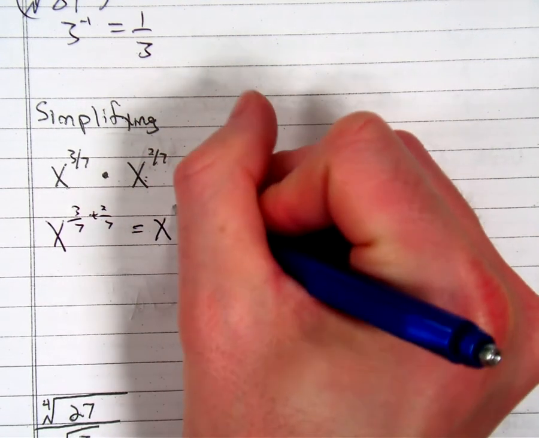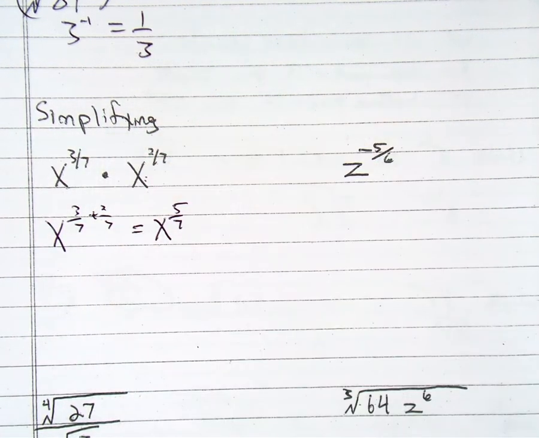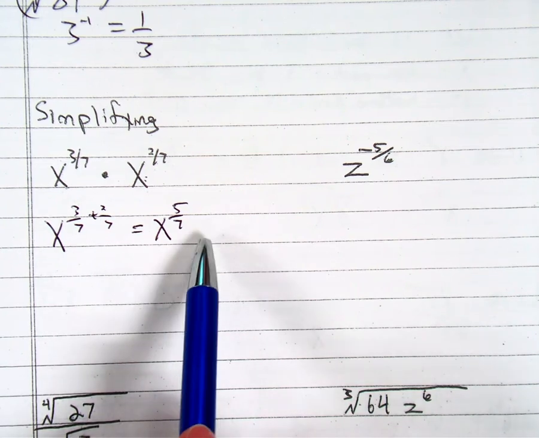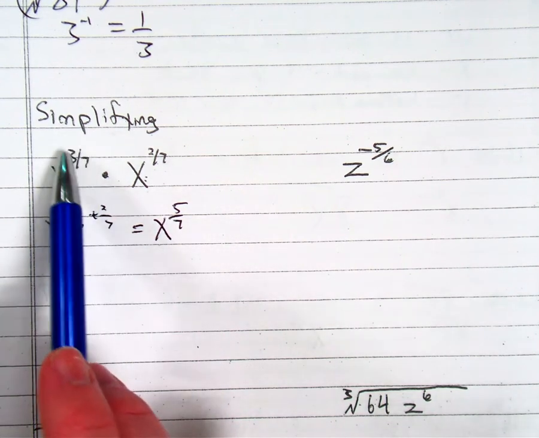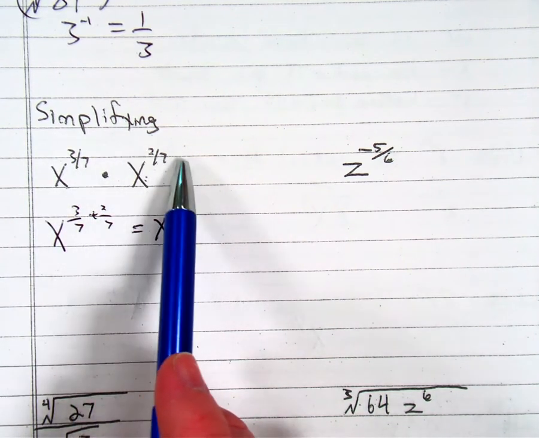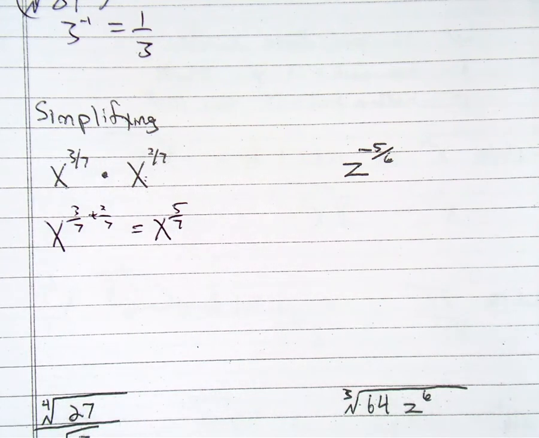And we'll get x to the 5/7. Like I said, I can't guarantee they're going to be that nice all the time. That might be like a 1/3 and a 3/4, and you're going to have to get a common denominator to add them together. Okay? But you should be able to do that. If a 5th grader can do it, so can you.